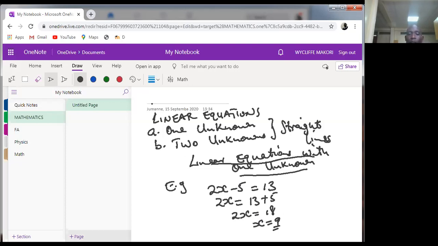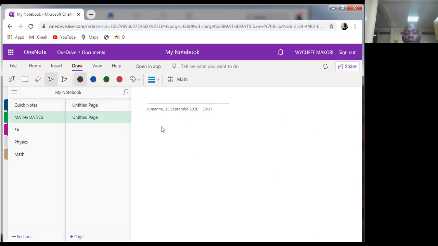You can have another example of maybe 13x minus 5 is equal to 24. The same case will apply. Let us take negative 5 to the other side.